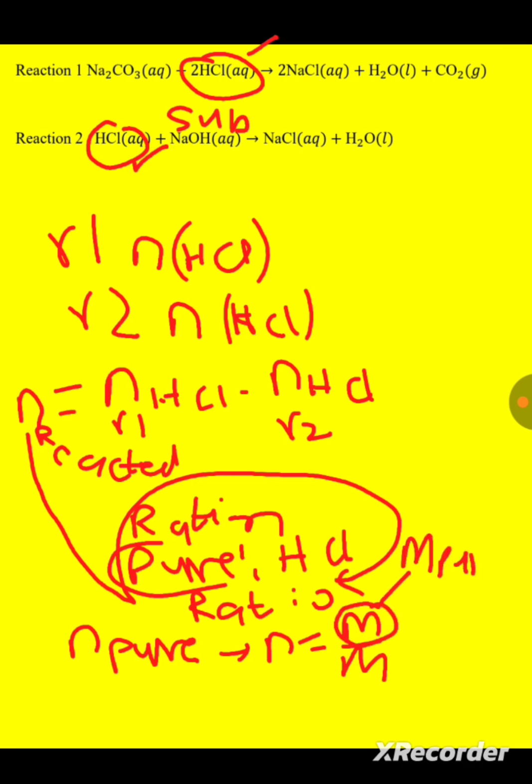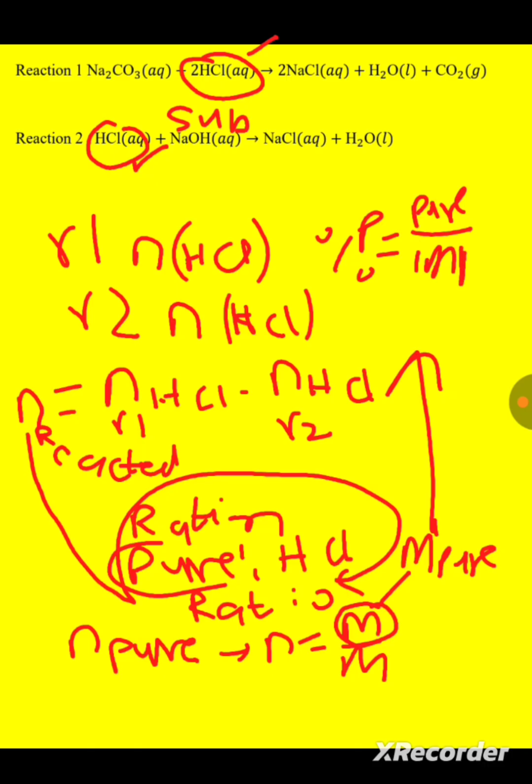You get the mass of the pure substance. Now to go to percentage purity, we say the percentage purity is equals to the pure mass that you got divided by the impure mass that they gave you times 100%.